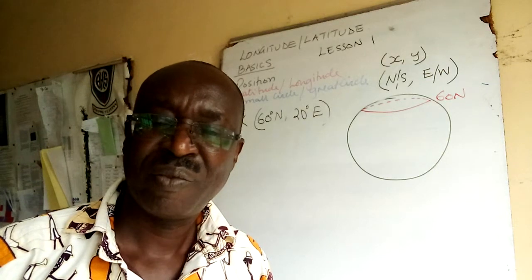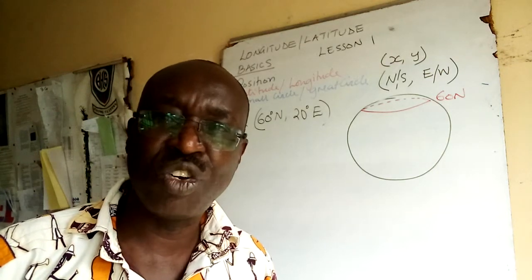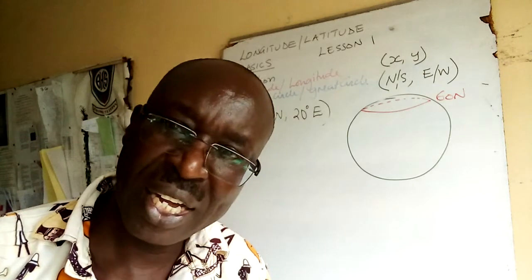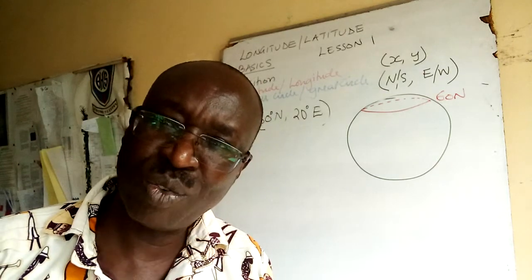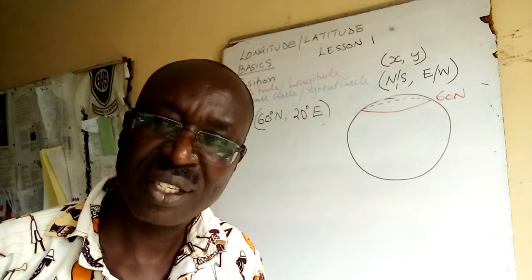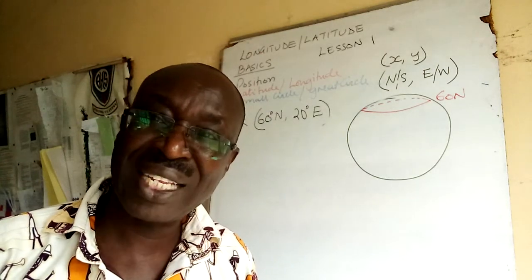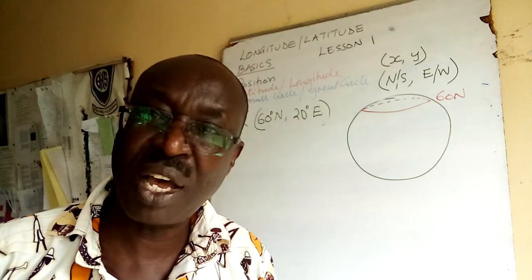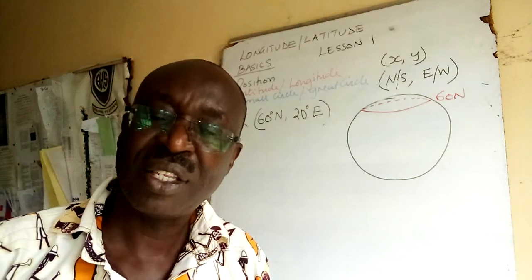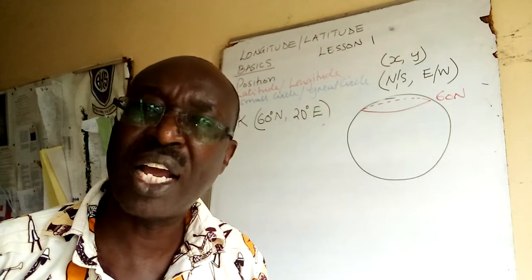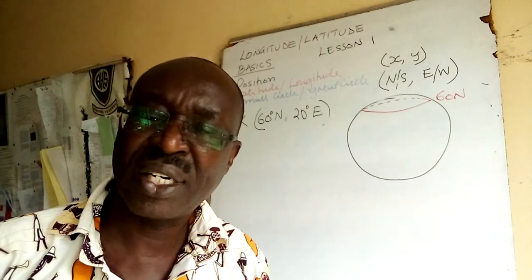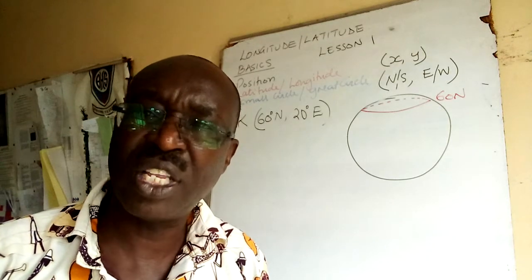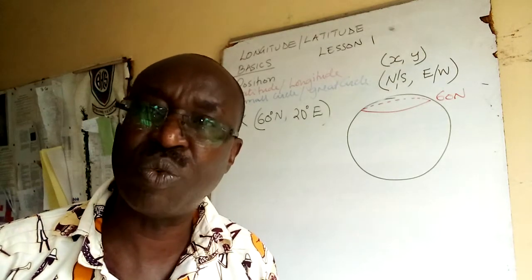The other latitudes don't have the radius of the earth. If you measure from the center of the earth to the surface, the biggest radius you can get is along the circumference of the equator.